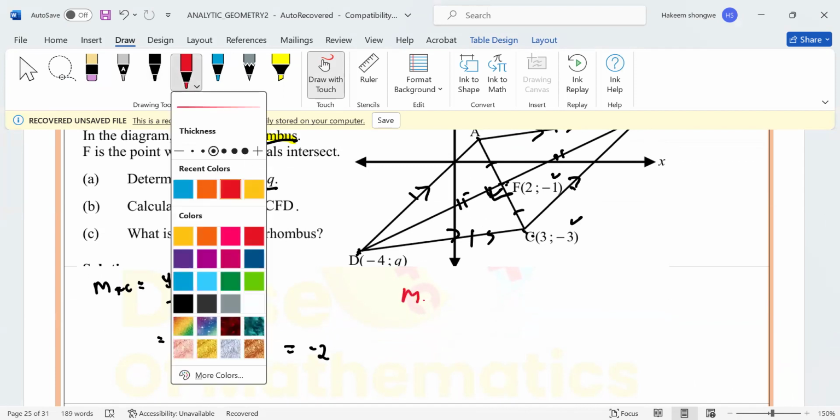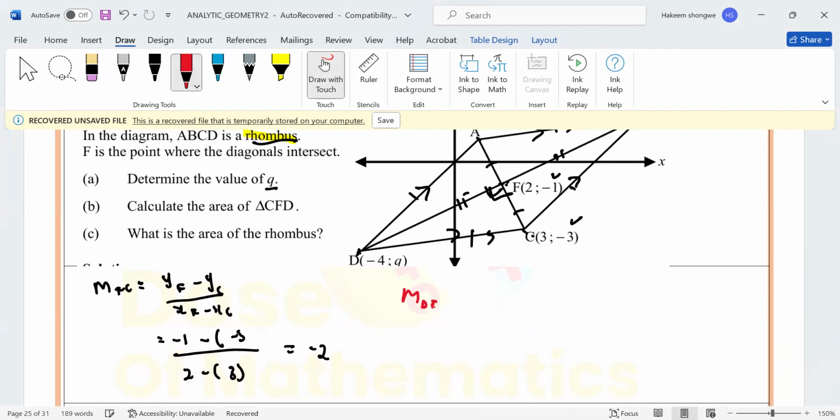What is it that we're going to look for? We're going to look for M of DF. What is going to be M of DF? I'm going to look at the coordinates of D, and then I'm also going to look at the coordinates of F. So we're going to have Y of F minus Y of D all over X of F minus X of D. What is Y at F? -1 minus open bracket, it's Q. No, it's not A, by the way.